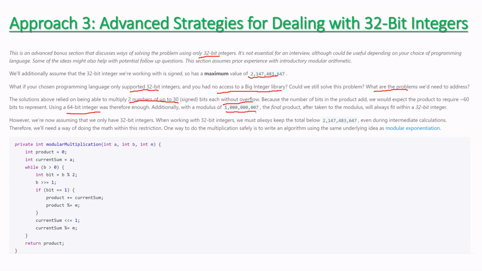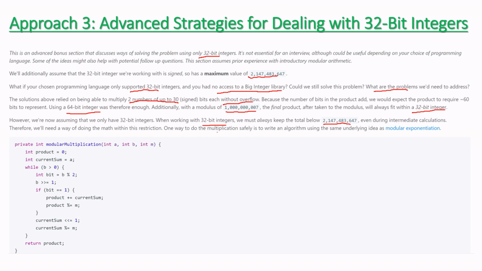The final product after taking the modulus will always fit in a 32-bit integer, correct? However, we are not assuming that we only have 32-bit integers when working with 32-bit integers. We must always keep the total below this number, right? Even during the intermediate calculation, therefore we will need a way of doing the math within this restriction.